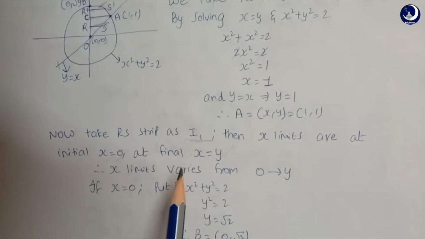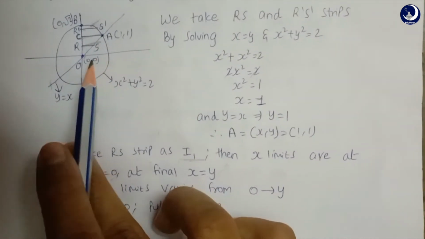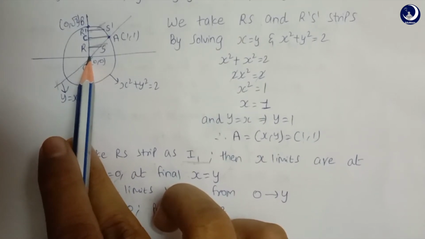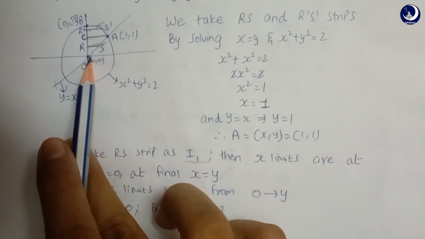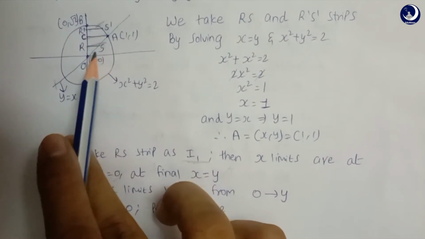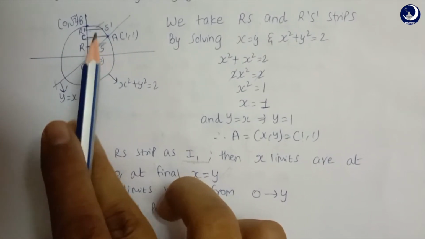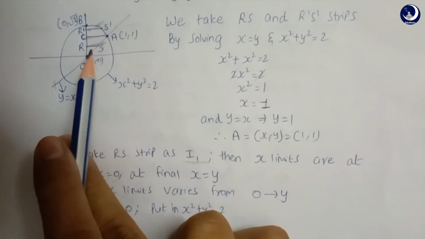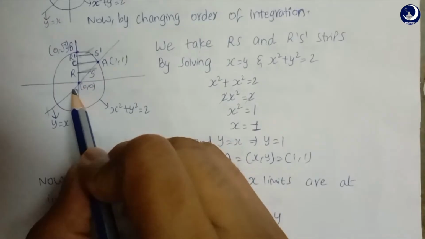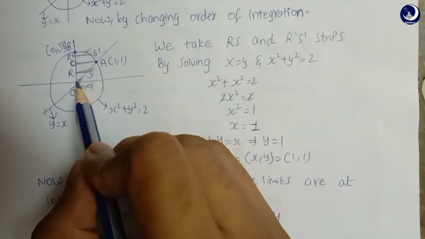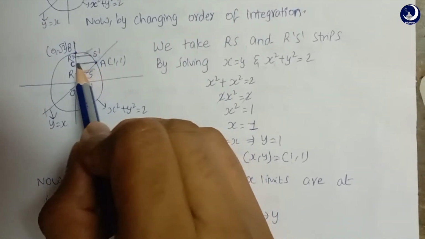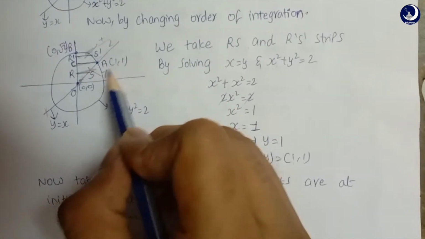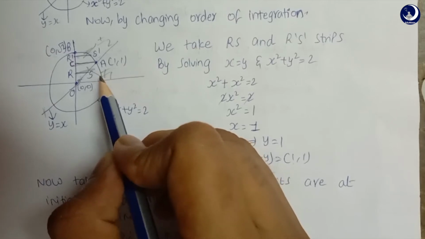Now we want to find the y limits as per the given diagram. By the order of integration, we change this diagram. We took the y limits required for the function, for which we took the I1 region and I2 region. Based on those regions, we take the y limits. If you see this in the diagram, this is the initial point, and this is the common point between I2 and I1.